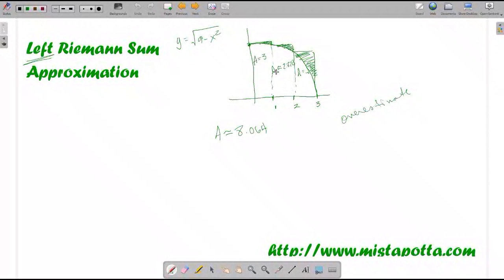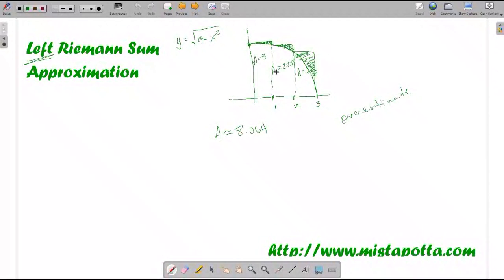So I notice that a midpoint Riemann sum is going to take more work. It doesn't necessarily give me a more accurate answer every time. And in our next lecture, we'll talk about some examples of when it doesn't.